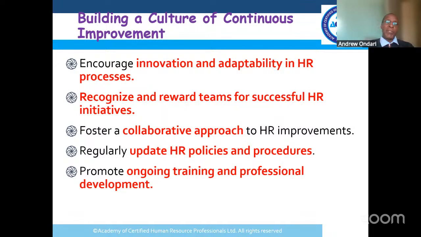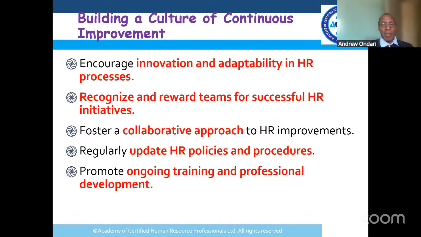Then the last point for today is promoting continuous training and professional development. Let us train our accountants, train our HR managers, train our engineers, train our legal experts, just like we have done in the last 2-3 days. Through this training, we have acquired some skills and knowledge that may be useful back in our organizations.